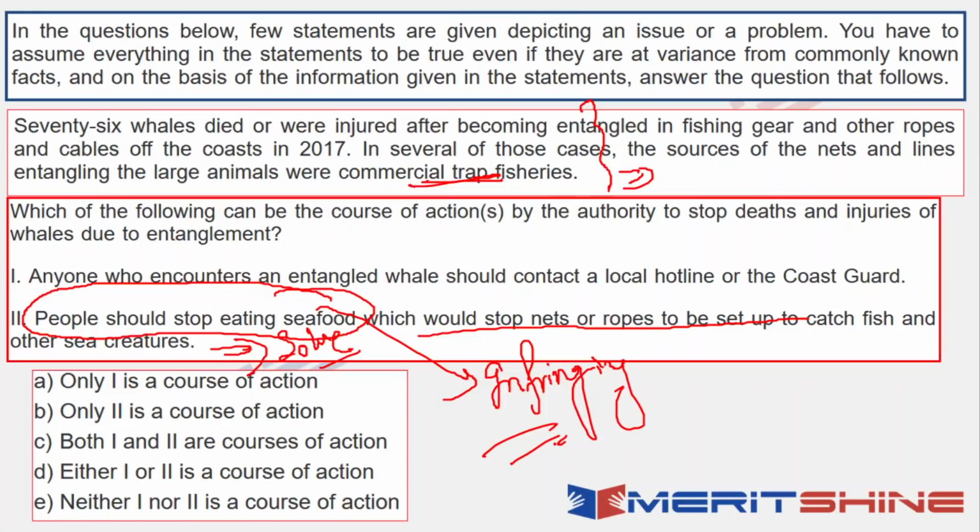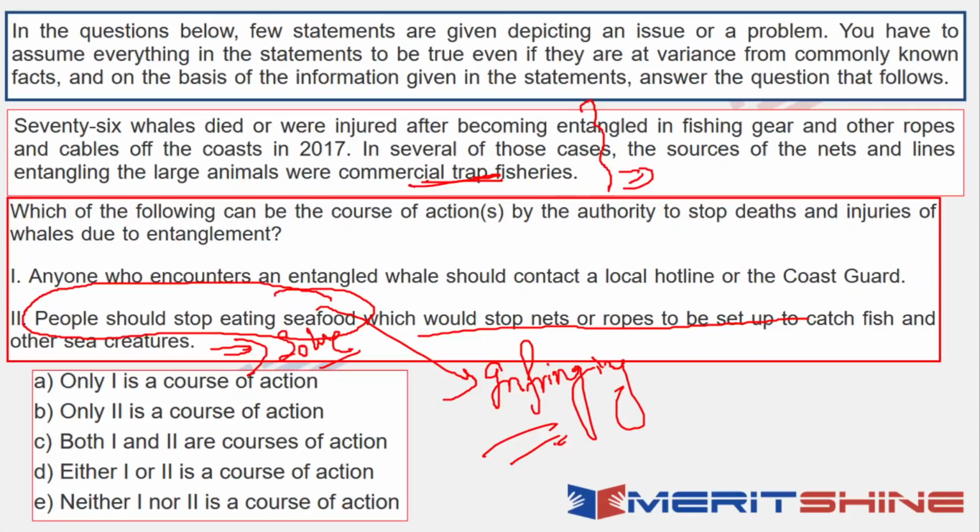Now, here a lot of people get biased. See, if I am vegetarian, I can get biased by the fact that, okay, we should stop eating this stuff and then the animals would be saved. But no, we cannot decide on the basis of our biases. We will have to only take care of the data that has been given, and on the basis of that data, whether we are able to solve it or not.